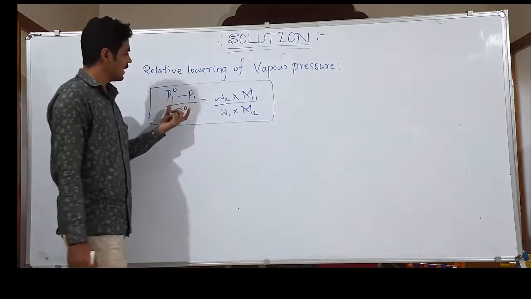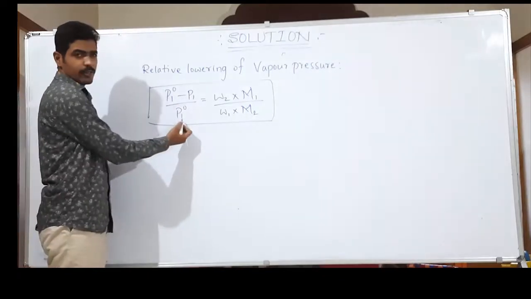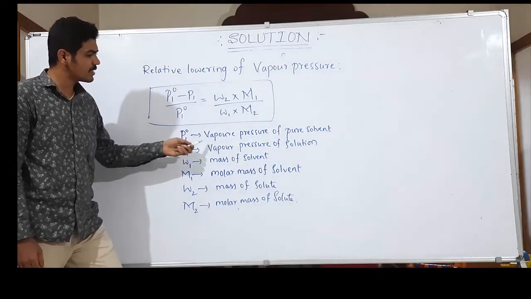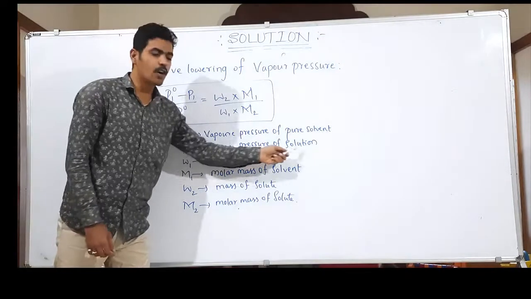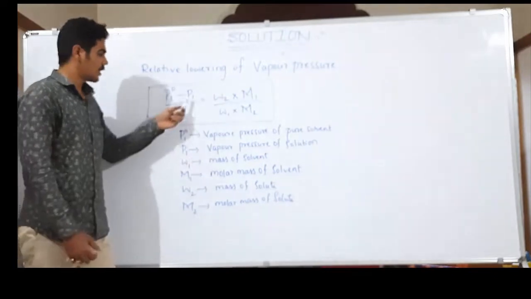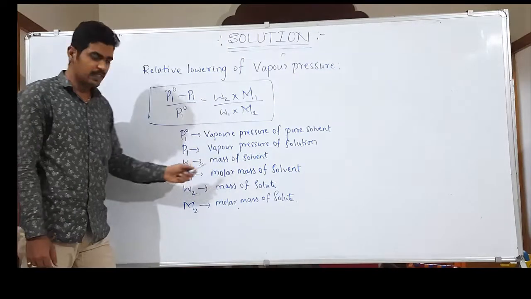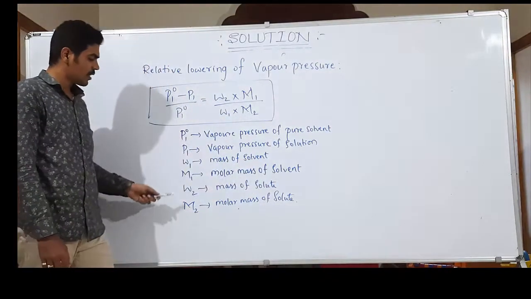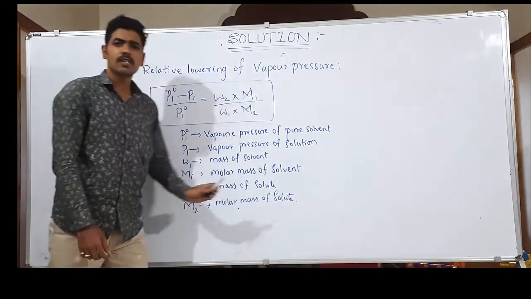See here, once again I have written the formula for the relative lowering of vapor pressure. In this equation, P1 naught is the vapor pressure of the pure solvent, P1 is the vapor pressure of the solution, that means after addition of solute, W1 is the given mass of the solvent, M1 is the molar mass of the solvent, W2 is the mass of solute, and M2 is the molar mass of solute.